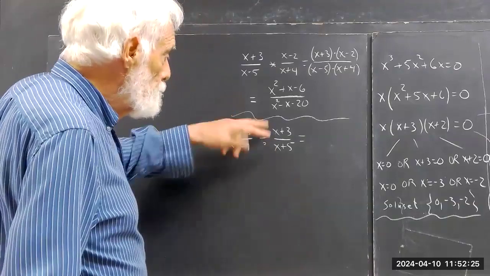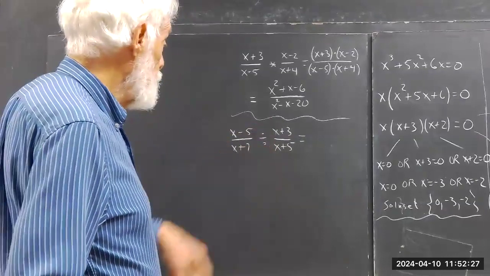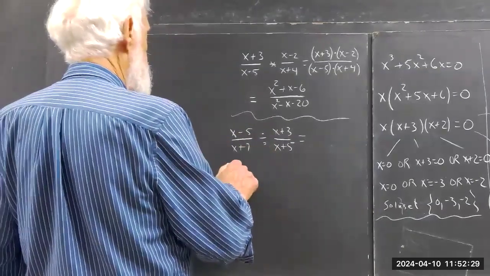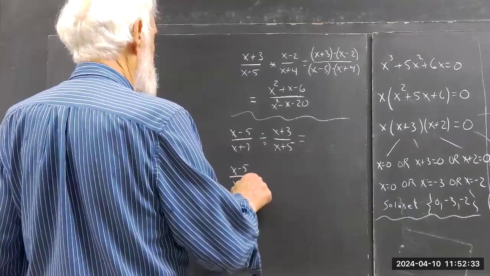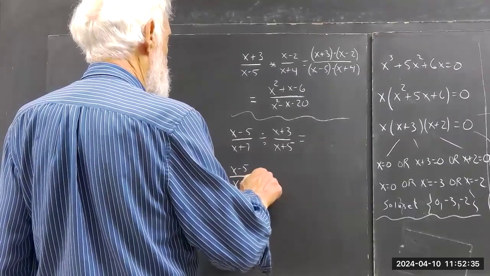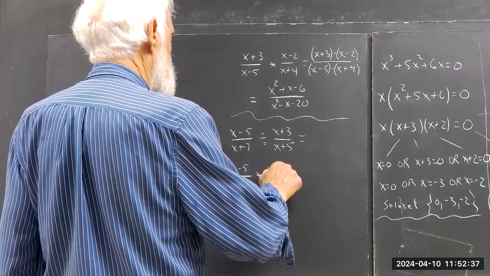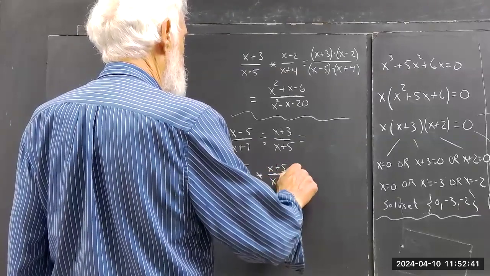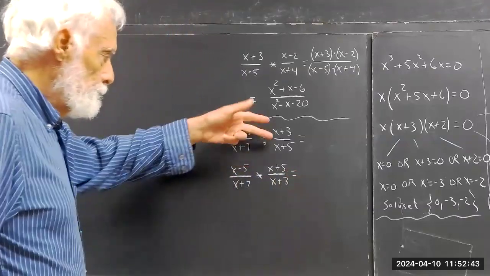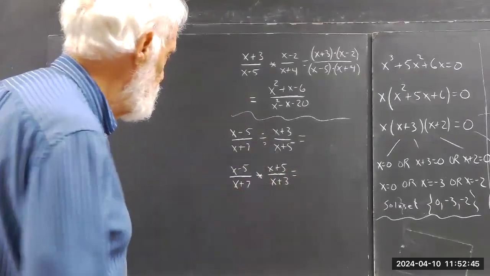You do the reciprocal of the thing you're dividing by. This is going to be (x minus 5) over (x plus 7) multiplied by (x plus 5) over (x plus 3). We do the reciprocal of the divisor.